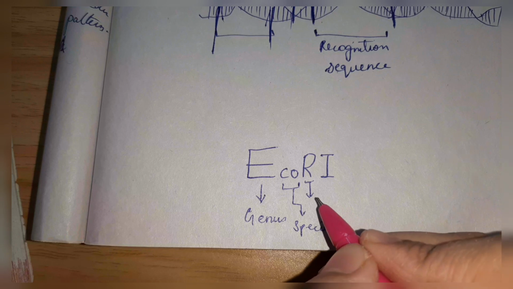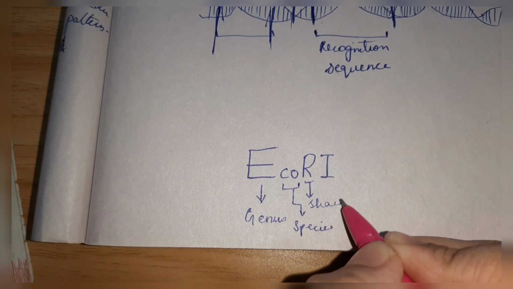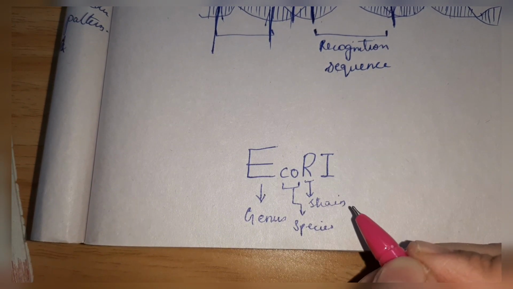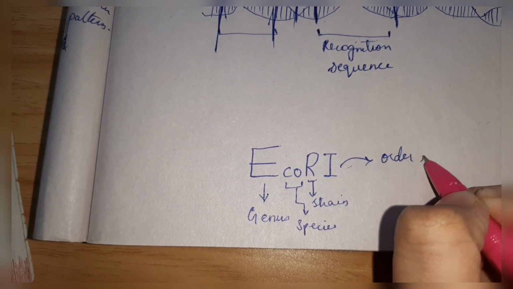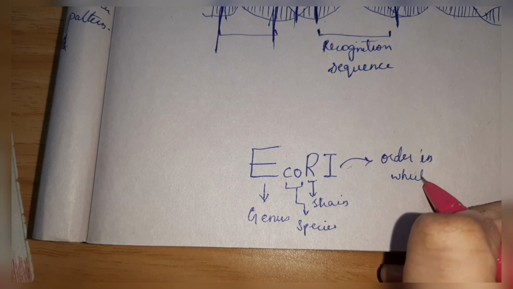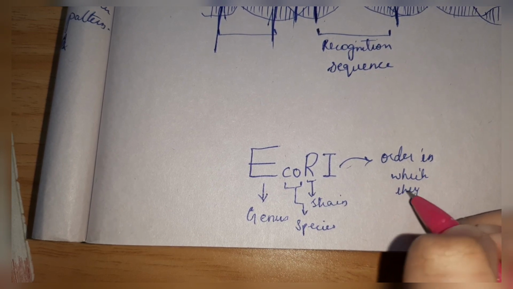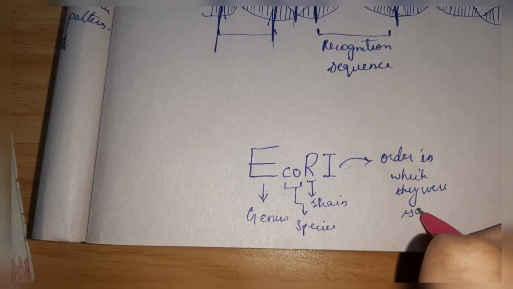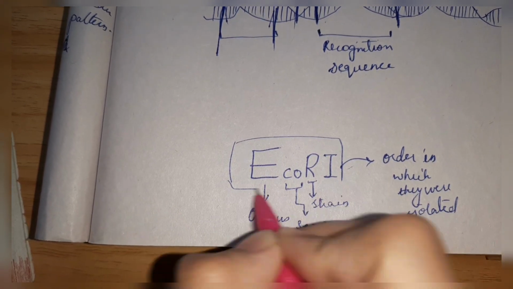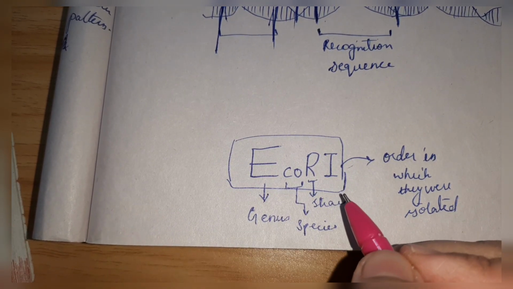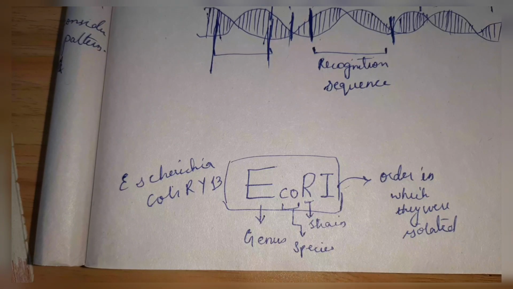R is the name of a strain, and this Roman numeral is the order in which they were isolated. So EcoRI actually comes from Escherichia coli RY13.